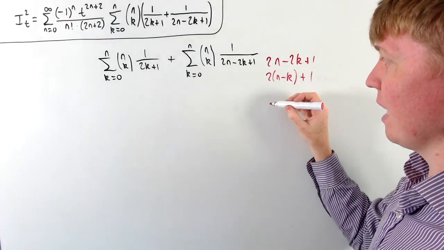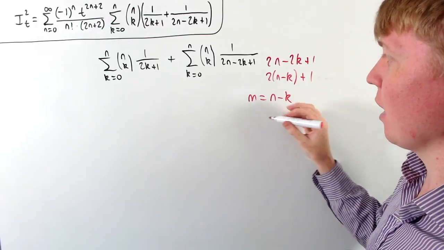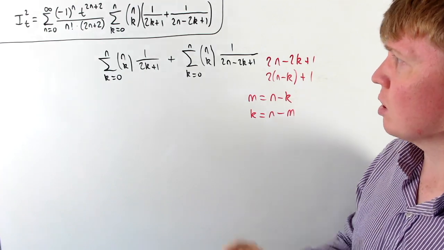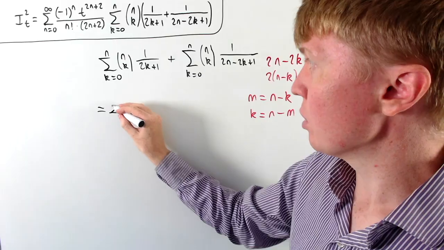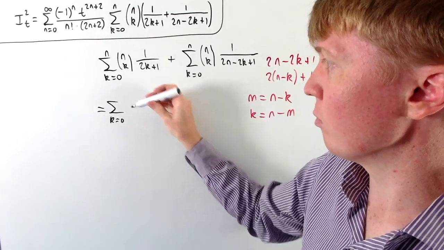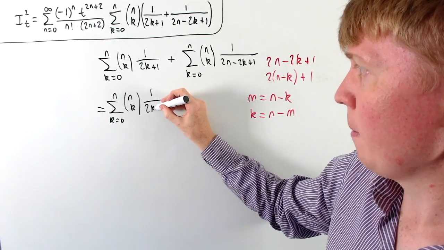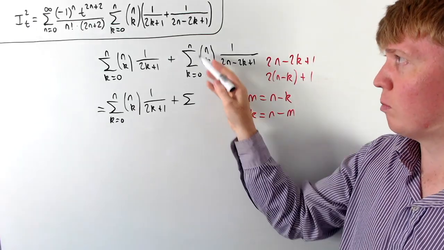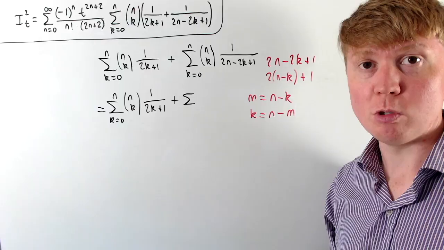Instead of having k, we can introduce, let's say, m equal to n minus k, so that k is n minus m. And we'll see how this changes what this second sum looks like. So we keep our first sum exactly the same, going from k equals 0 to n of n choose k, 1 over 2k plus 1. But now we've got the sum where m, which is n minus k, goes again between 0 and n.